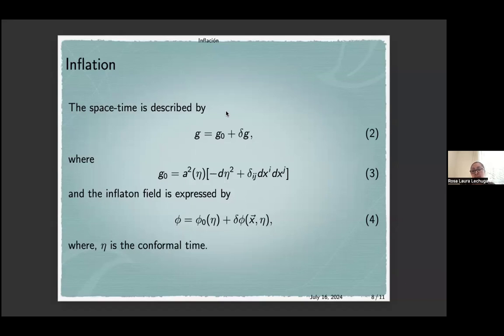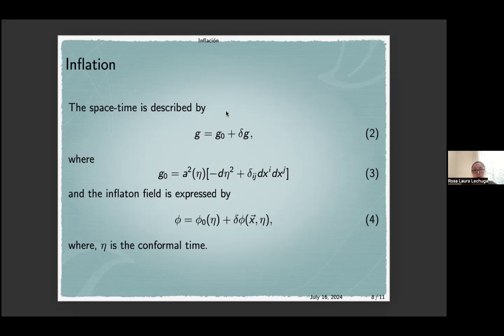But then the people realized that one of the best things that inflation gives us is that it accounts for the birth of the seeds of the cosmic structure.